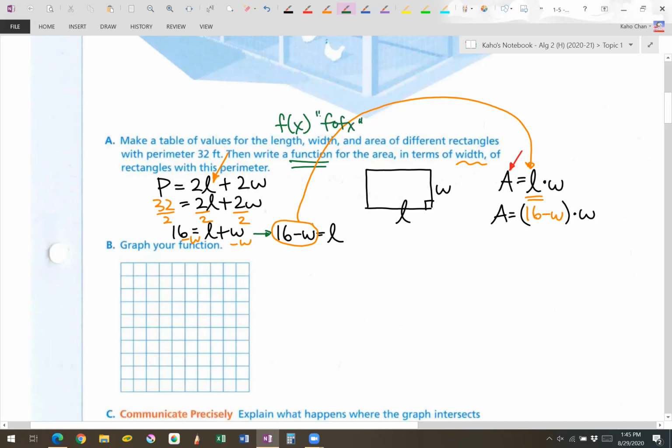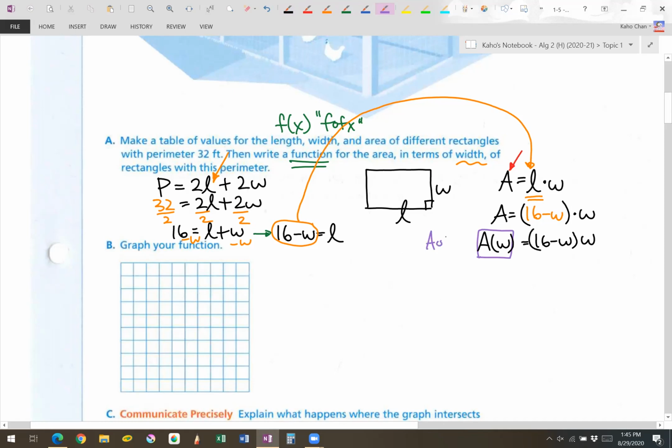It's a function in terms of x. Here, we're creating a function called area in terms of W. So what I'm going to write down is function notation A of W equals 16 minus W times W. Be careful. This is not A times W. This is A of W.